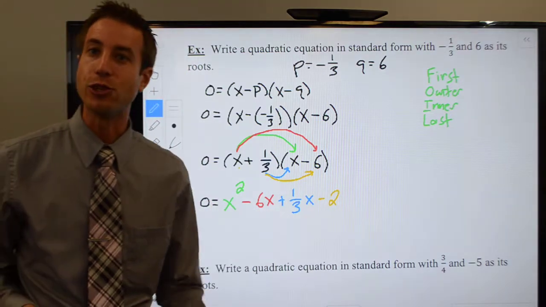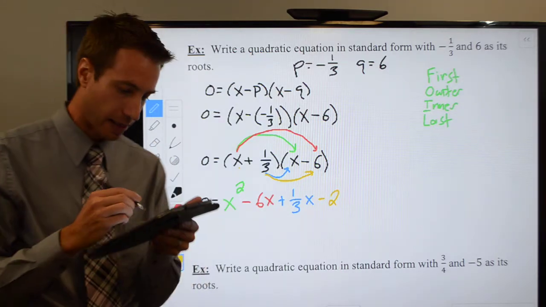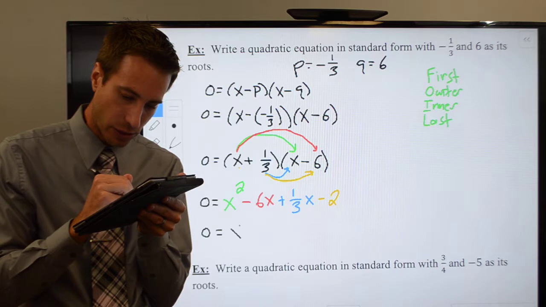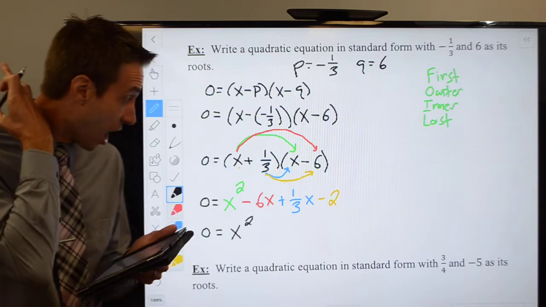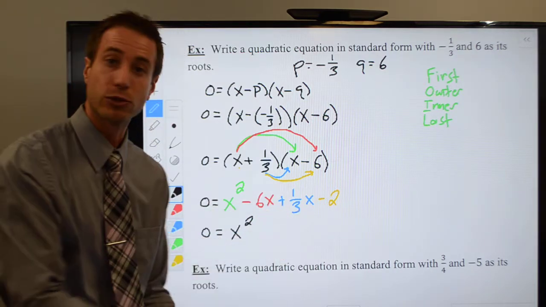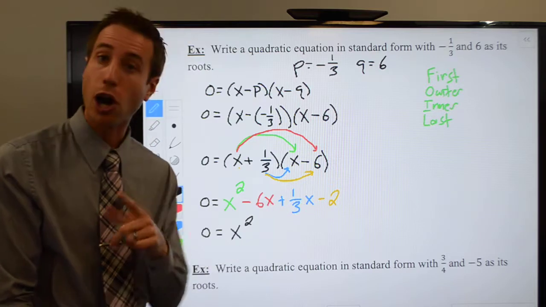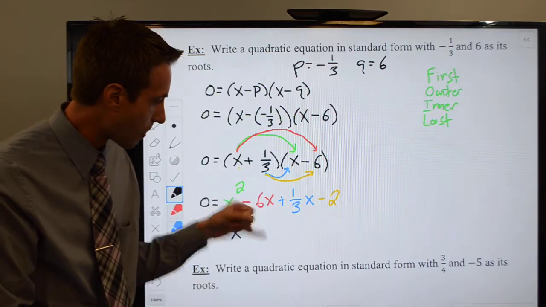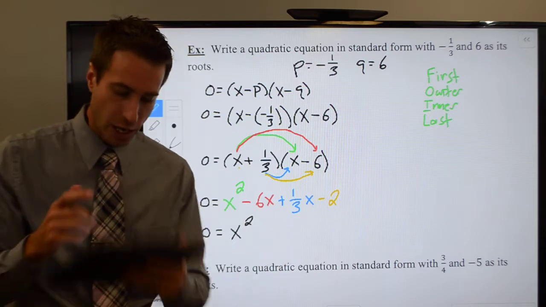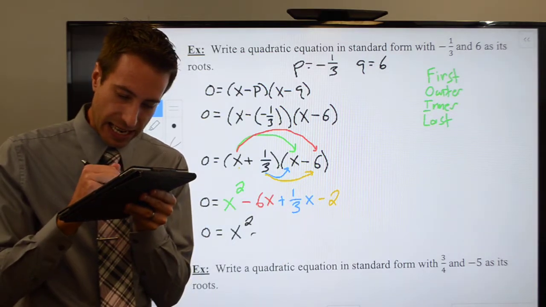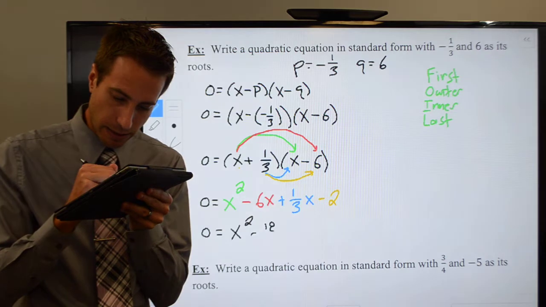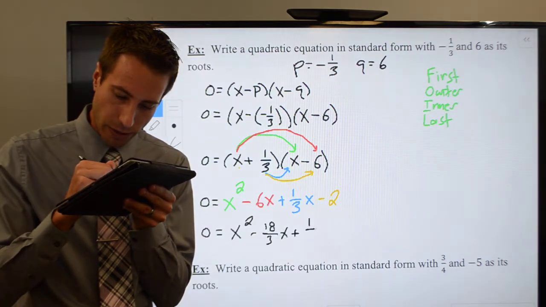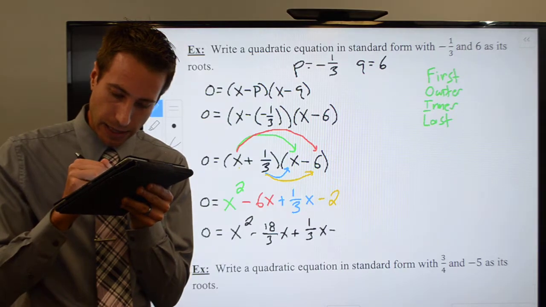Now all I need to do is just combine my like terms. So 0 is equal to x squared. In order to combine these like terms, I need a common denominator, which means I'm going to need to multiply top and bottom by 3. So what I'll wind up with is negative 18 thirds x plus 1/3 x minus 2.